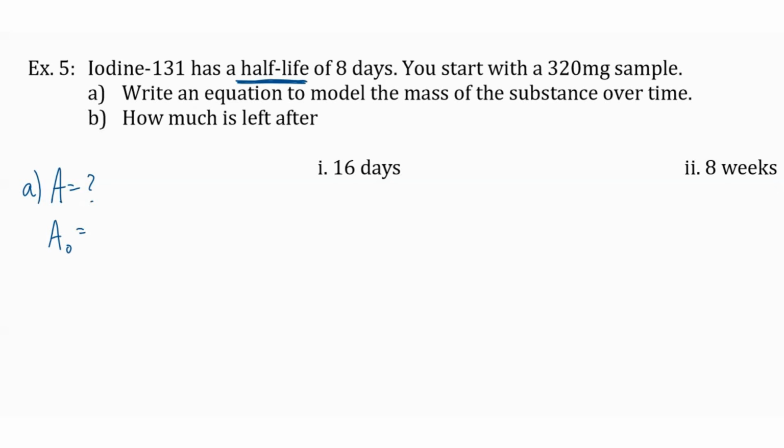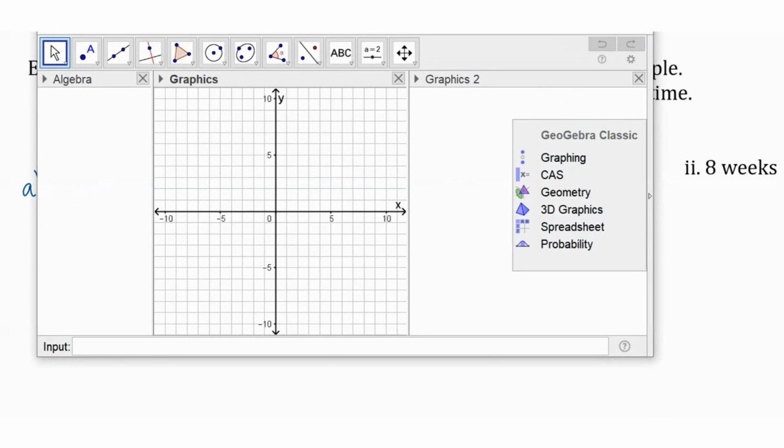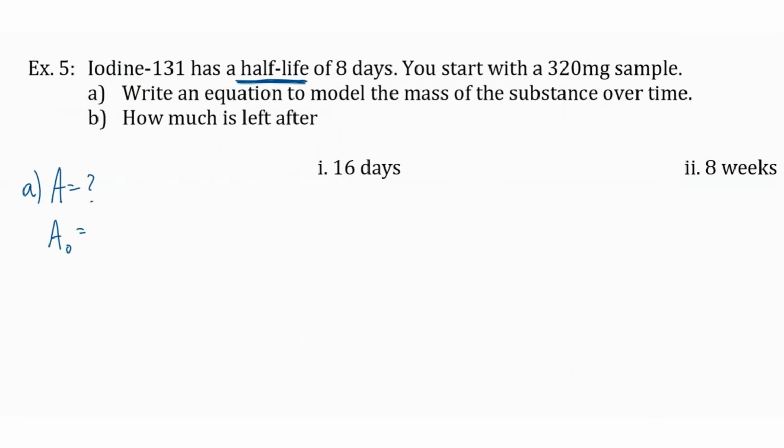You start with a 320 milligram sample. So our starting amount is 320 milligrams. Our rate, again, we can leave that blank for now, and N is 8 because it's every 8 days. So half-life questions usually will have some kind of an N.